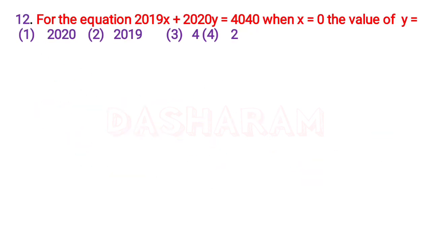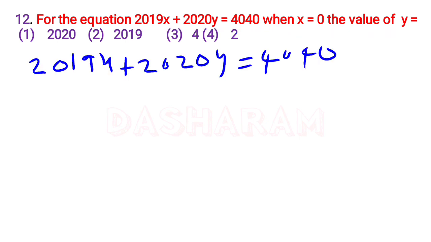For the equation 2019x plus 2020y equals 4040, when x equals 0, what is the value of y?